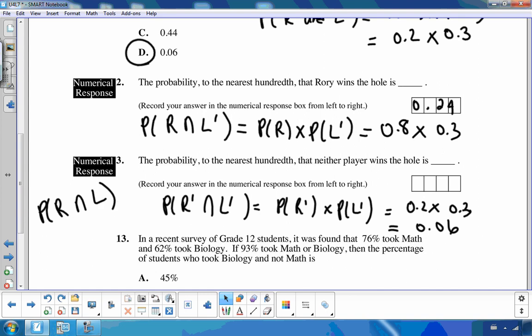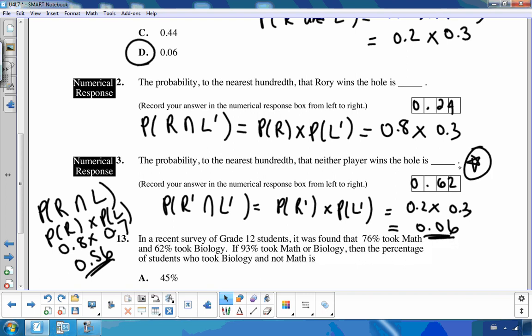So the probability of Rory winning times the probability of Luke winning. That again was 0.8 multiplied by 0.7, which is 0.56. So I have to take 0.56 and add it on to 0.06, and I'll get 0.62. That was a tricky question. Okay, so technically if they tie, neither one is winning.